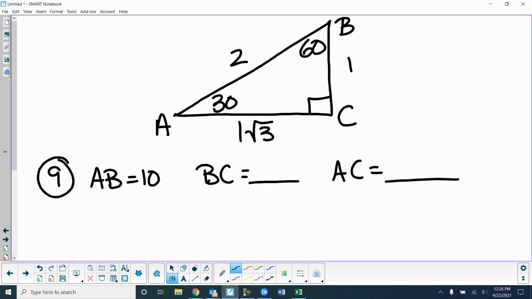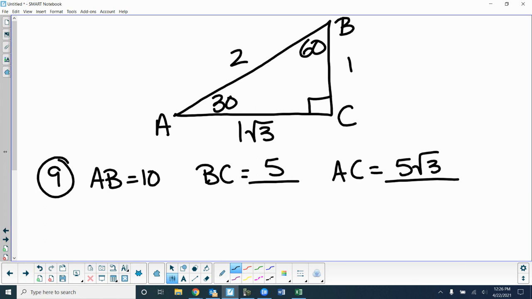If that's a 10, BC's half as long, so divide by 2. And then whatever this is, multiply by what to get AC? So it's 5 radical 3. You don't have to do any figuring, really.